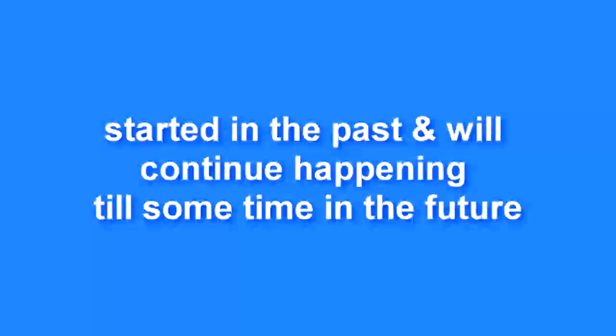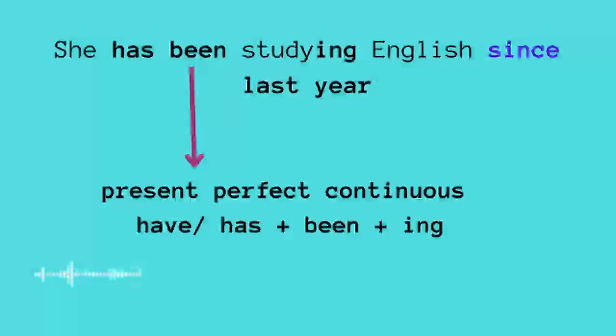And that is why we are using ing, studying. We added ing to study. So in this case, it will be she has been studying. And when it comes to the present perfect continuous, you need to use has or have. Has if the subject is singular and have if the subject is plural plus the verb with ing.